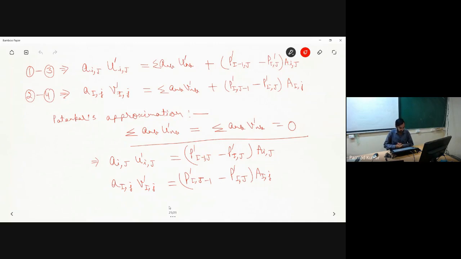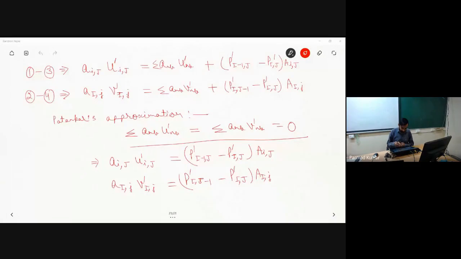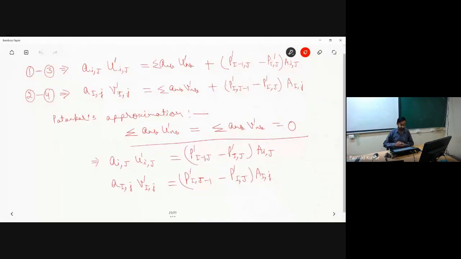And after defining these correction terms, we got some equations for our correction terms, which relate the velocity corrections with pressure corrections. And then in these two correction equations, we applied Patankar's approximation, which suggested that for all the neighboring nodes and their coefficients, the sum over the neighboring nodes in both horizontal as well as vertical directions, we take equal to 0.